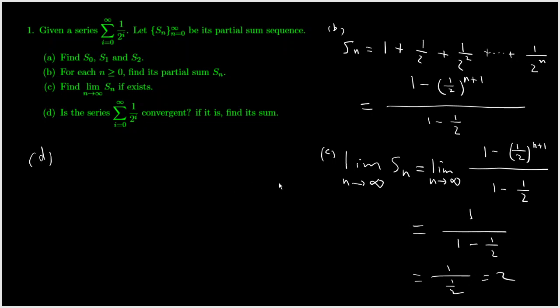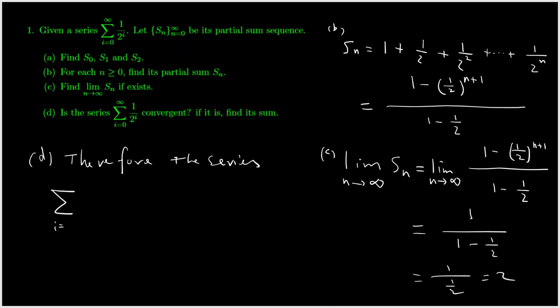Now we're trying to answer question D, okay? So maybe therefore, the series, try to get used to the summation notation. We're going to use the summation notation over and over again.